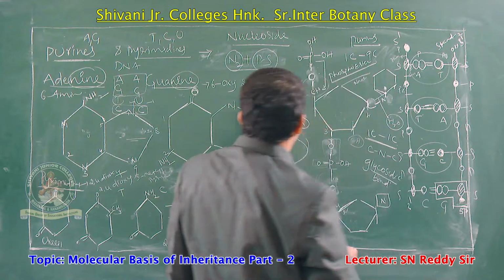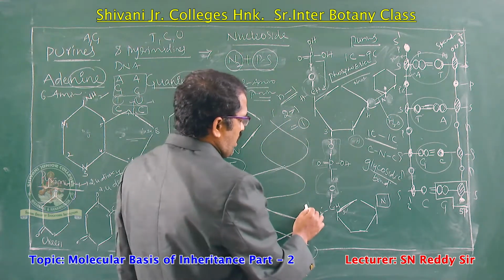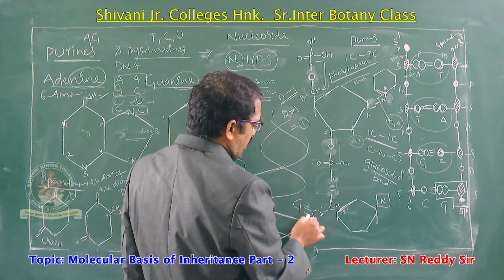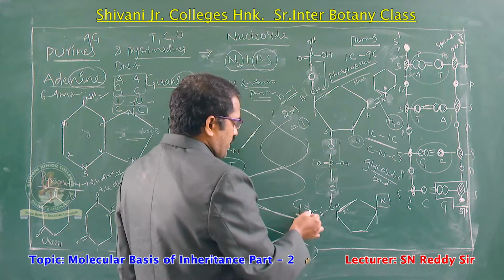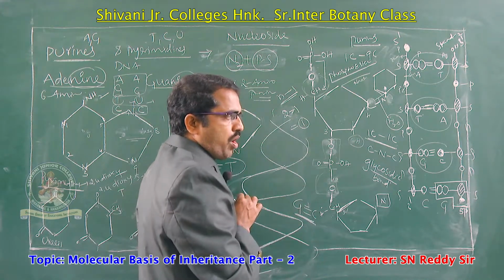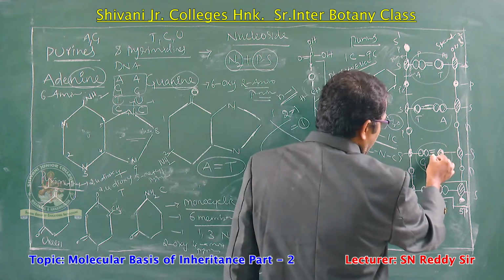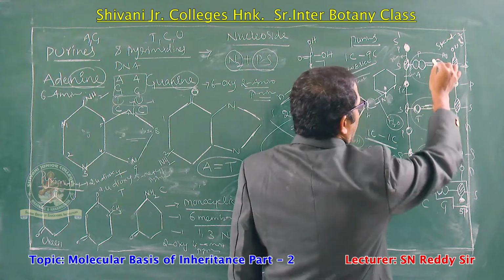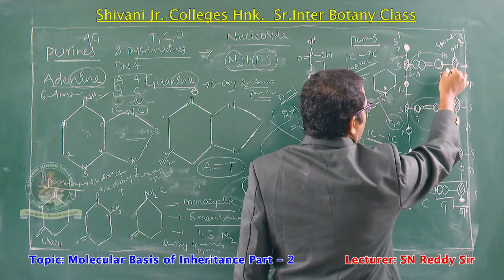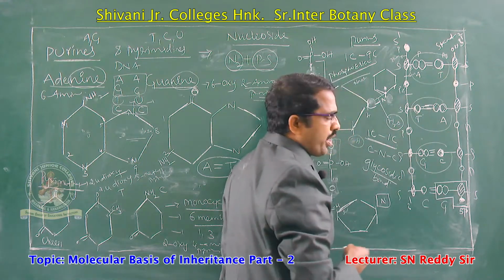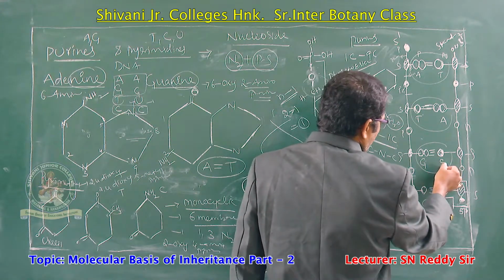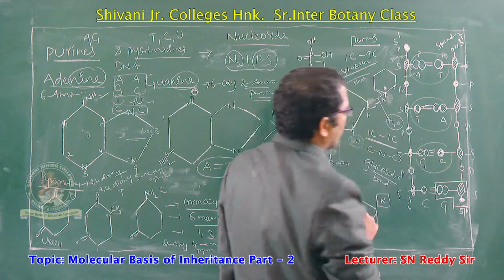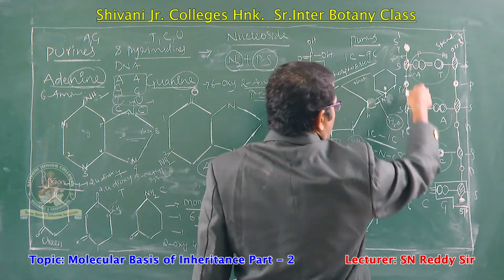Guanine and cytosine also make a bond, with a triple hydrogen bond. In between adenine and thymine there is a double hydrogen bond, and in between guanine and cytosine there is a triple hydrogen bond. So the two strands are joined like this.